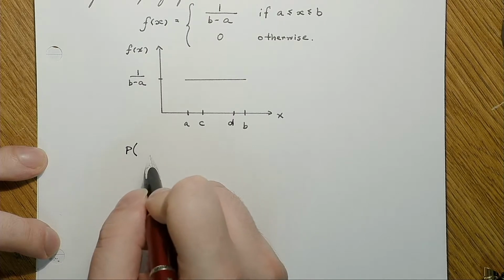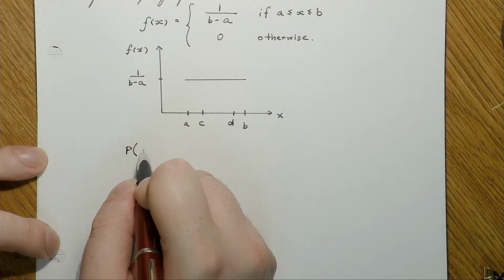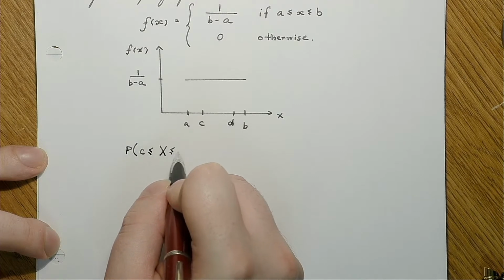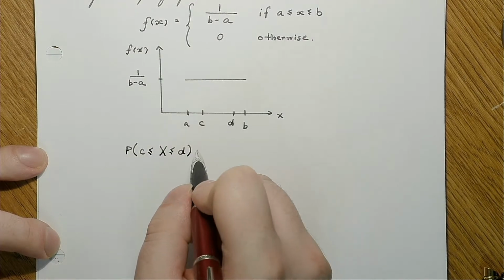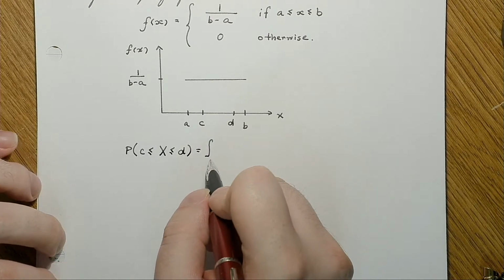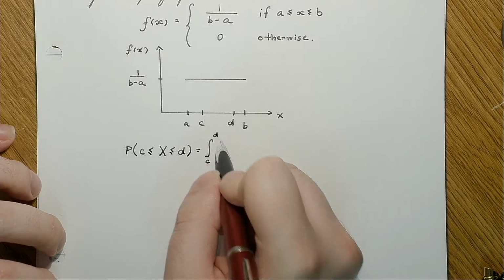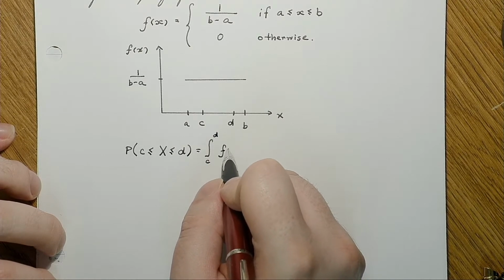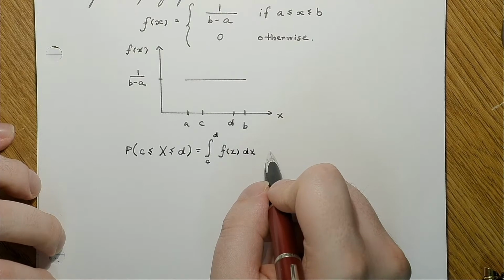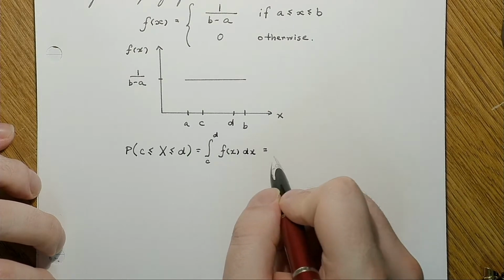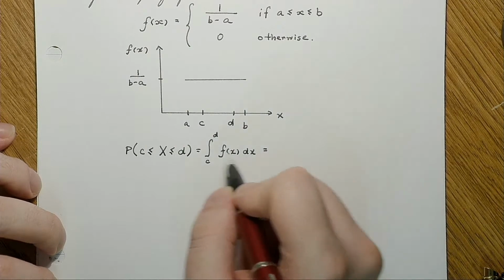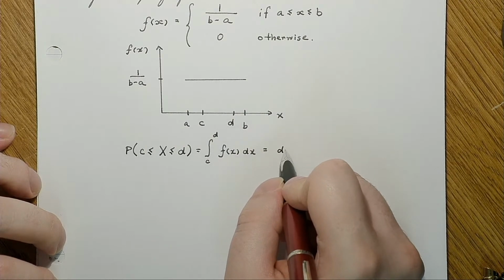Then if I did the probability from C less than X less than D, what I'm doing is integrating from C to D of f of x dx. And because it's just the same thing, what we get is D minus C.